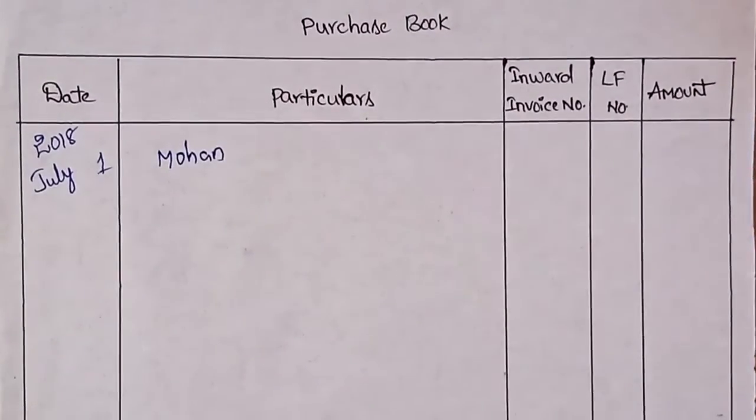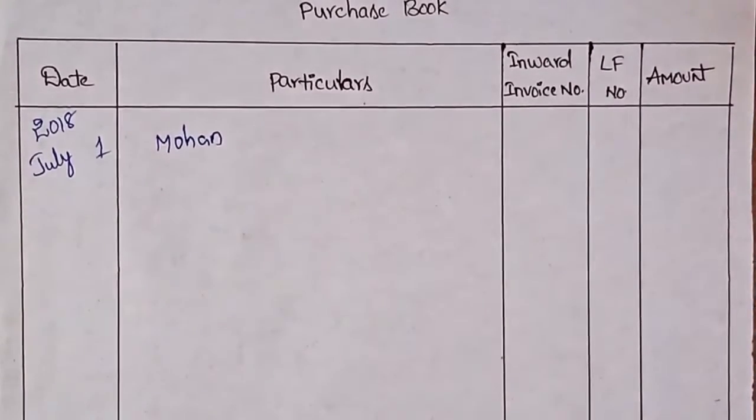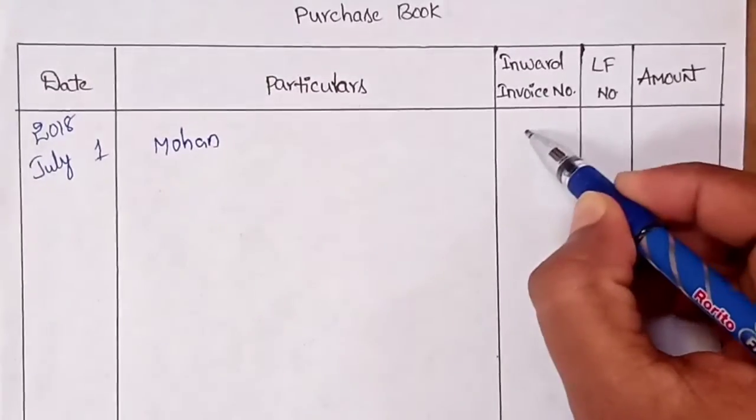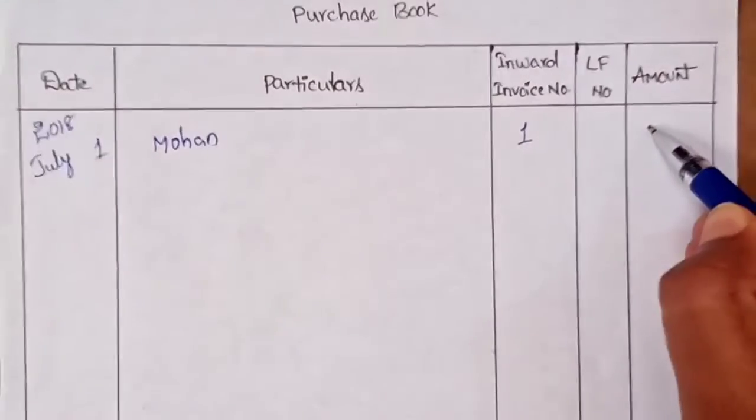Inward invoice number: in the problem they didn't give any inward invoice number, that's why we put serial numbers 1, 2, 3, 4 like that. Inward invoice number 1 and amount is 8,000.